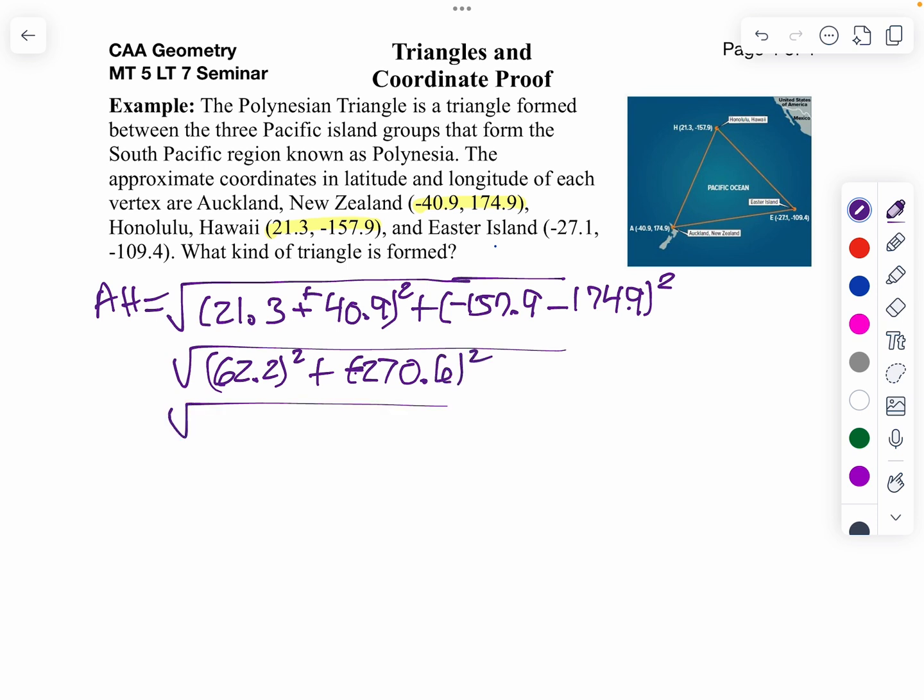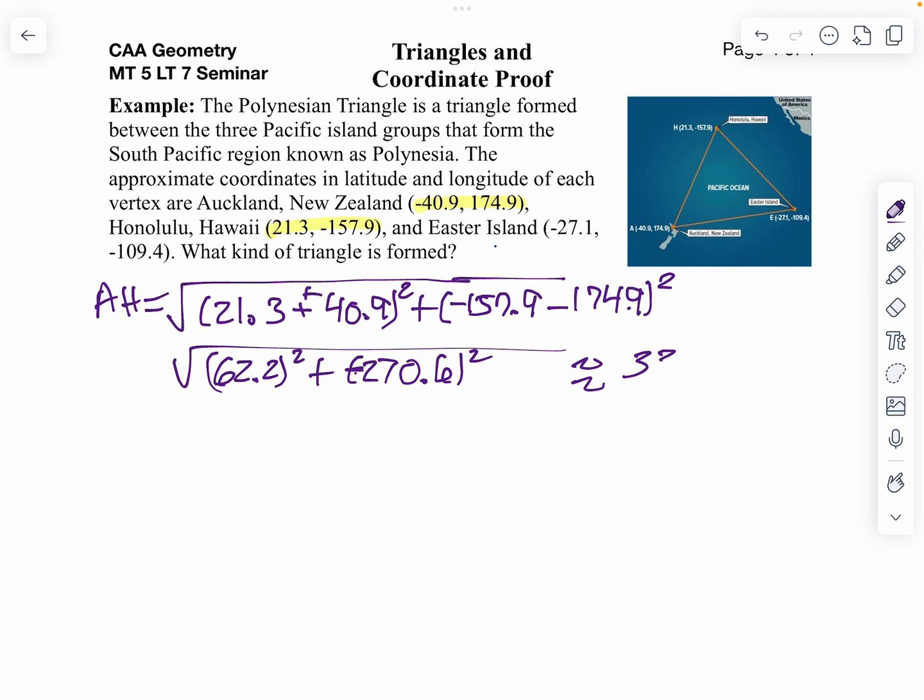Well, at this point, I think I'll just use my calculator. So I'm going to take 62.2 squared plus 270.6 squared, and then I'll take the square root since it's such a big number. I'm not even going to write my square root. And when you do that, I get about 338.6 miles from Auckland to Hawaii.